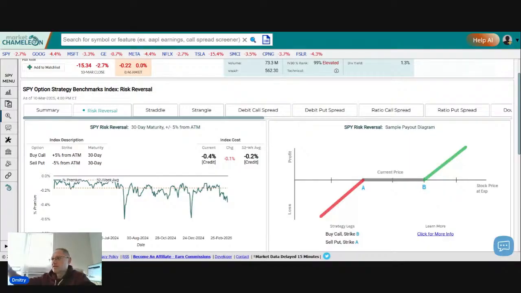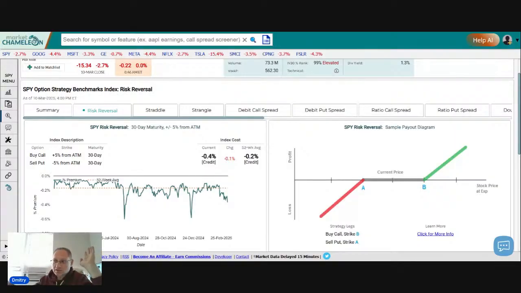So if they're both exactly the same price, let's say you had a $100 stock and you looked at a $105 call, and then you looked at a 95 strike put. If the call is $1 and the put is $1, then that strategy, buying the call for $1, selling the put for $1, the cost would be zero, right? They would both offset.